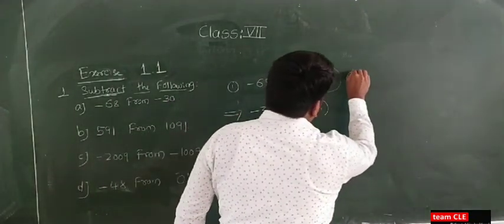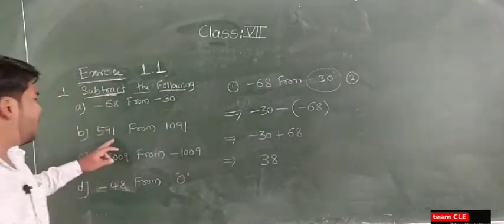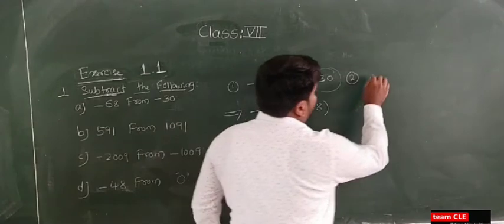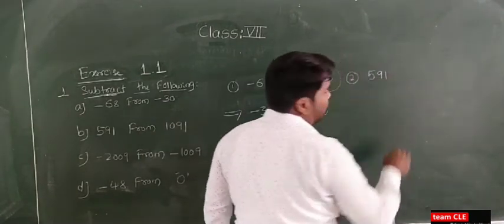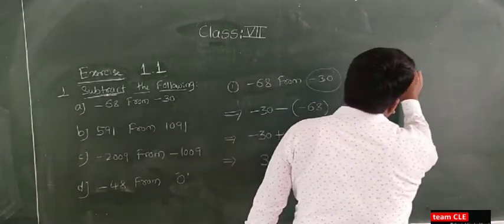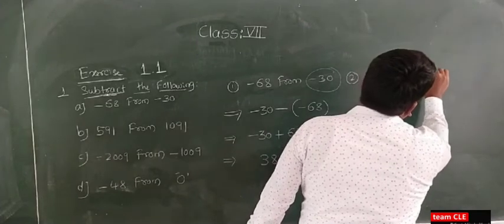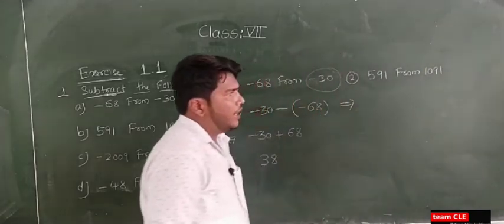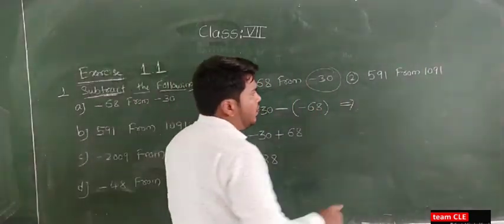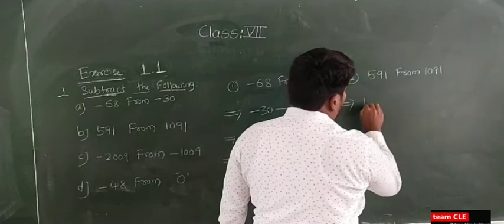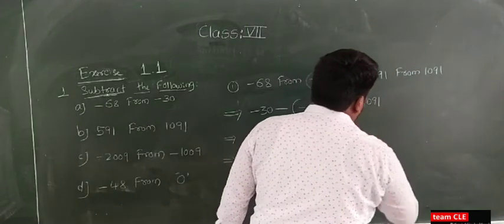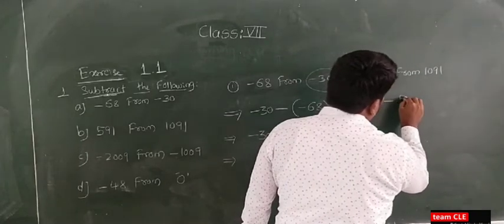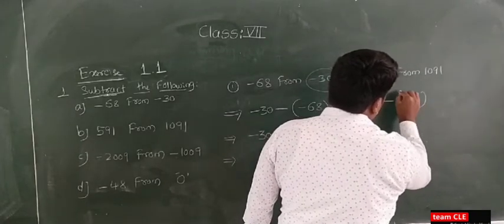Second one. I will take this example: 591 from 1091. First step, write the last term, 1091. Operation subtraction, then the positive term, no need to write, just write it in the form of a bracket.